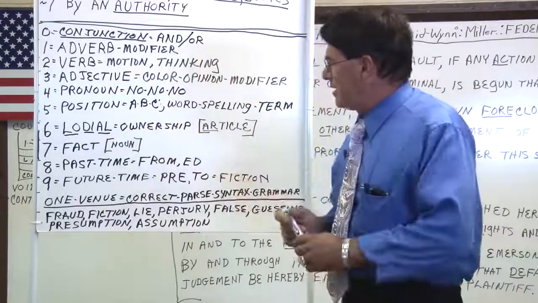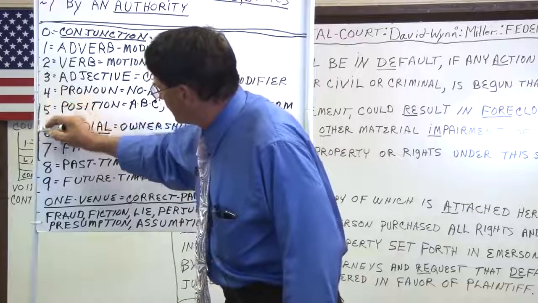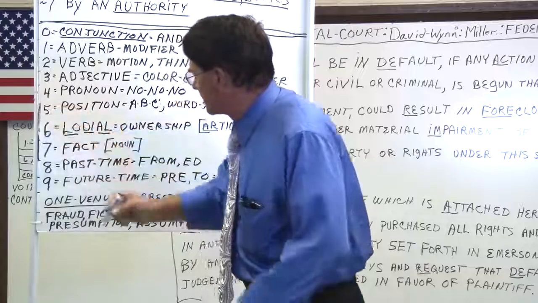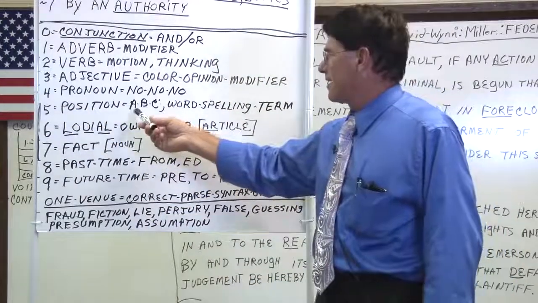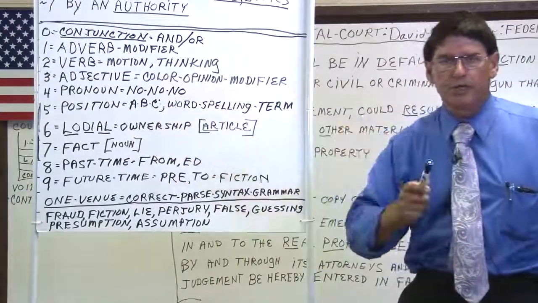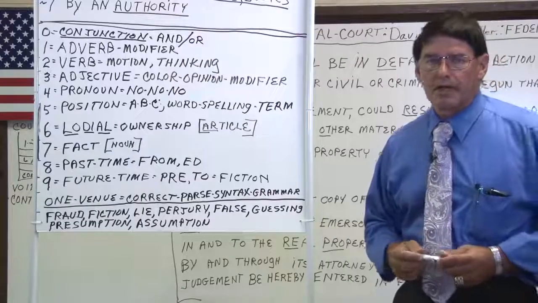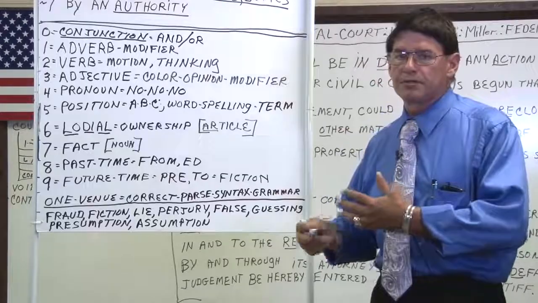Now, in the presentation of these numbers, the positional fact, which is 5, 6, and 7. The position of a word is identified using the ABC alphabet. Now, this is between two individuals. When they come together, they have to agree on what alphabet they're going to use. If we were in China, we'd be using the Chinese alphabet.